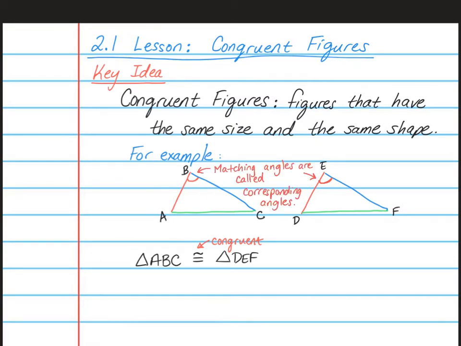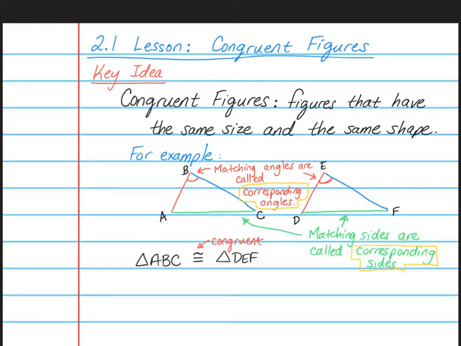That's one of our vocab words: corresponding angles. Those are the matching angles whenever you have two congruent figures. Just like we have corresponding angles, we also have corresponding sides. For example, side AC and side DF are the matching sides, and those are called corresponding sides.